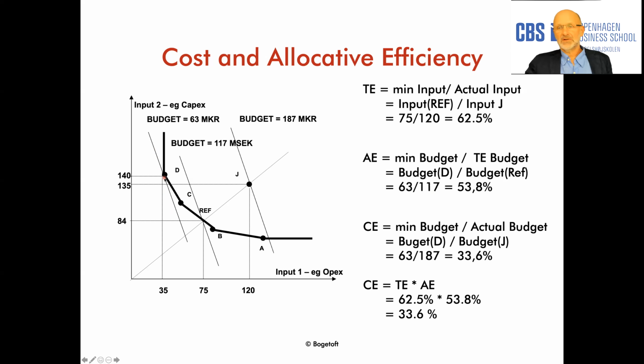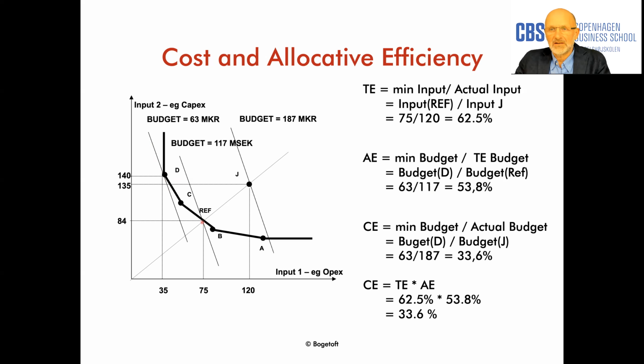So it sort of indicates that input one is more expensive than input two. So this is actually not an optimal solution, because you could have lower cost had you moved to the point of tangency between the budget line and the isoquant, which is point number D here. Okay, so you could say that there is some allocative inefficiency here.